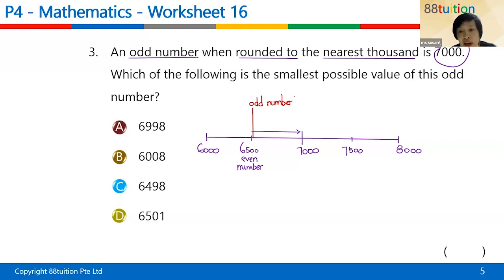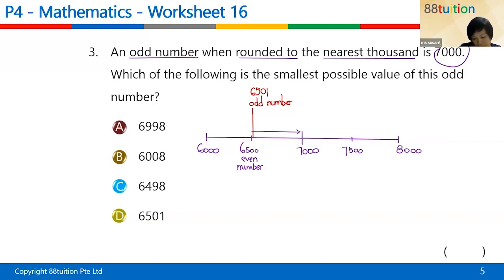Can it be 6,400 something? How about Clara? It must be greater than 6,500. So in order to get to the odd number, what do you do? You plus 1. So you get 6,501.